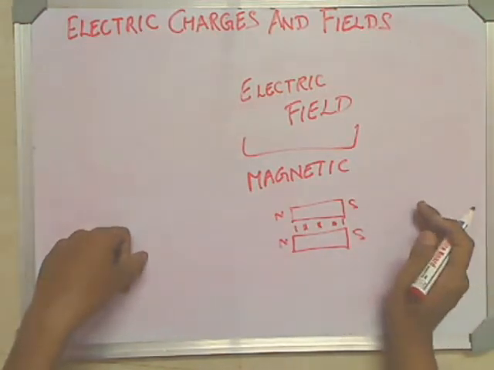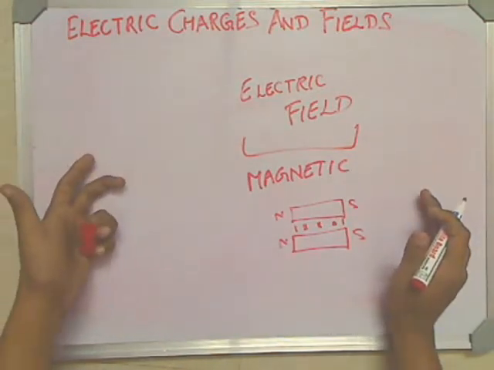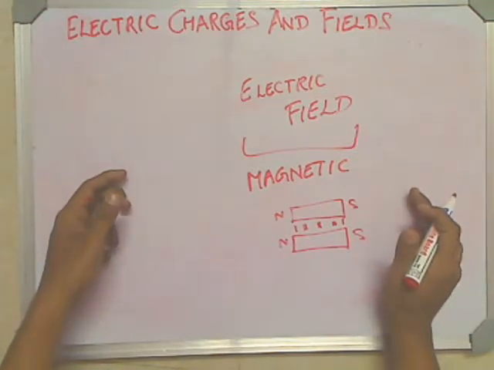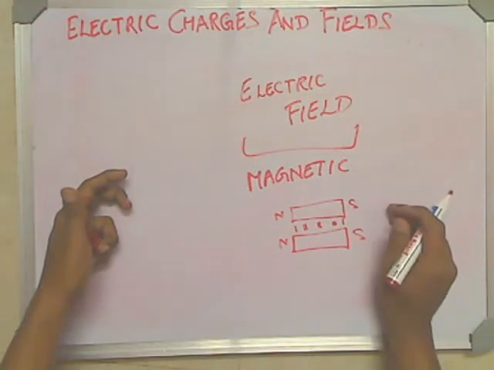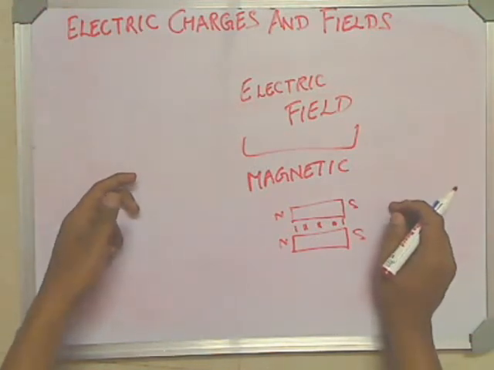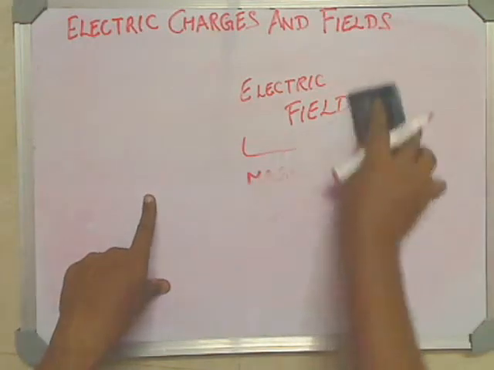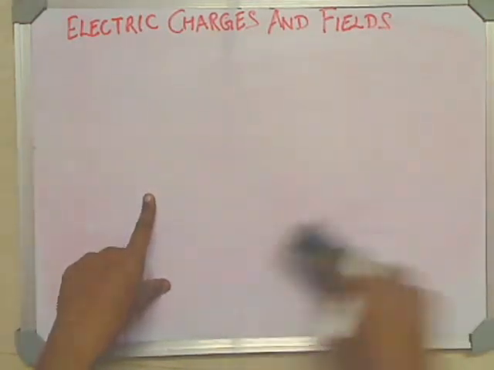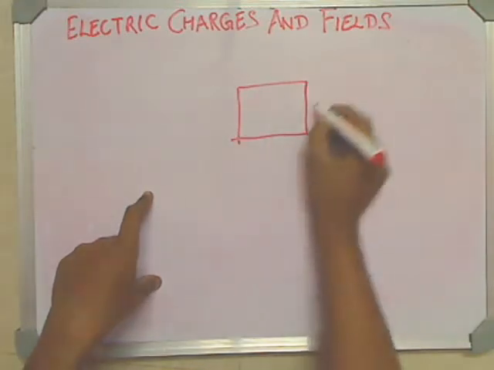Now an electric field is something like that. It's an invisible force. We've not been able to see it, but we know it's there, again through experiments. Now, understanding an electric field is one of the most important concepts in this particular unit. Firstly, remember that an electric field is represented through these lines.